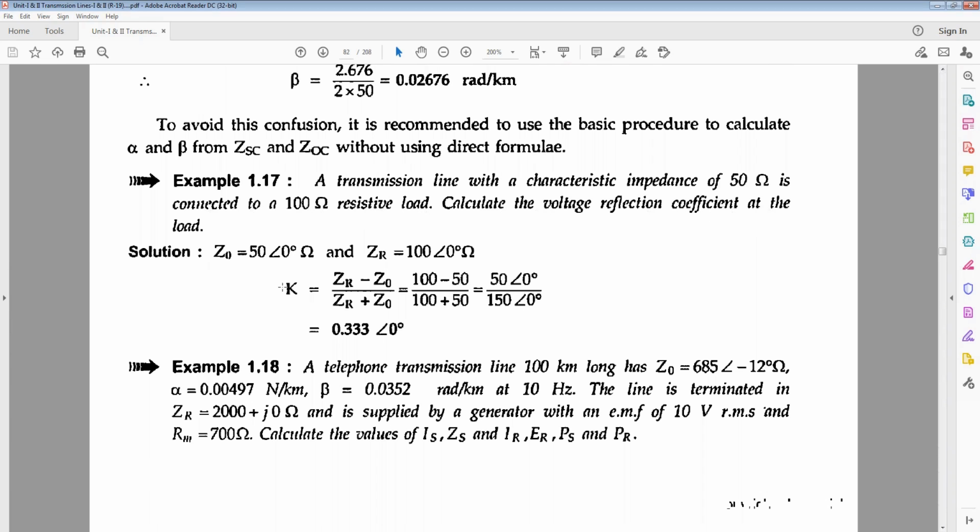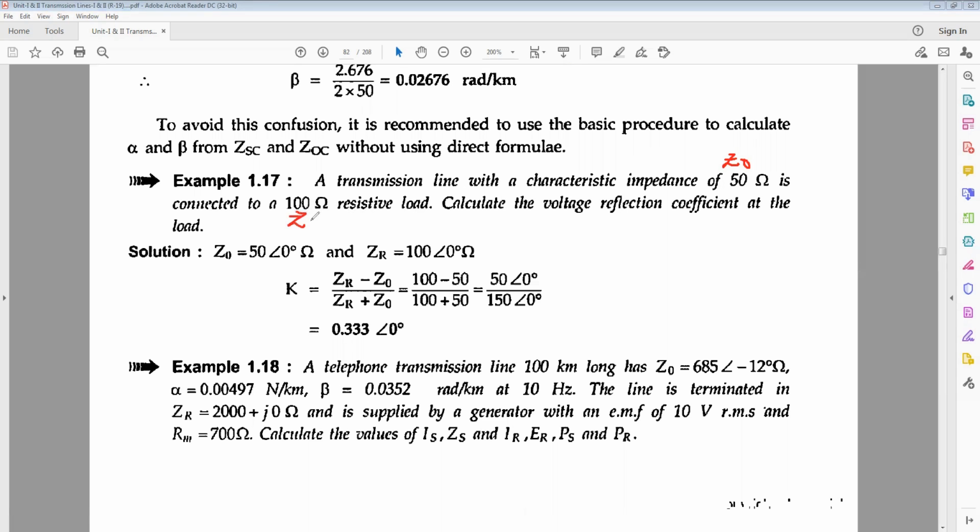The voltage reflection coefficient K is equal to ZR minus Z0 by ZR plus Z0. Given the characteristic impedance, Z0 is 50 ohms, and it is connected to a 100 ohms resistive load.